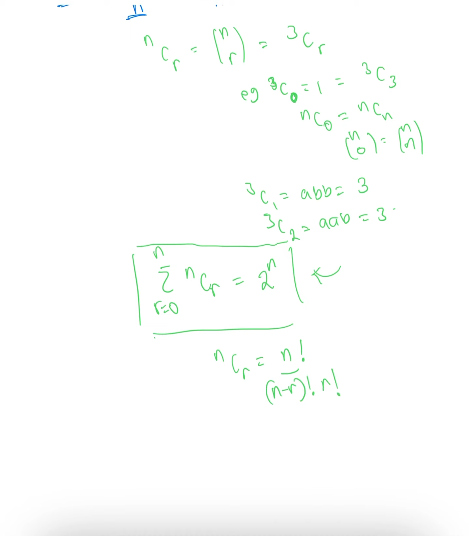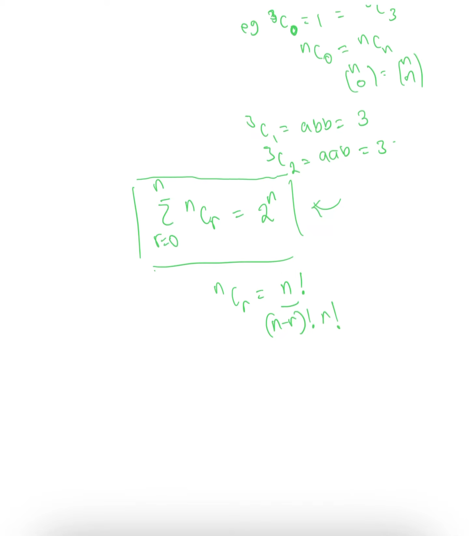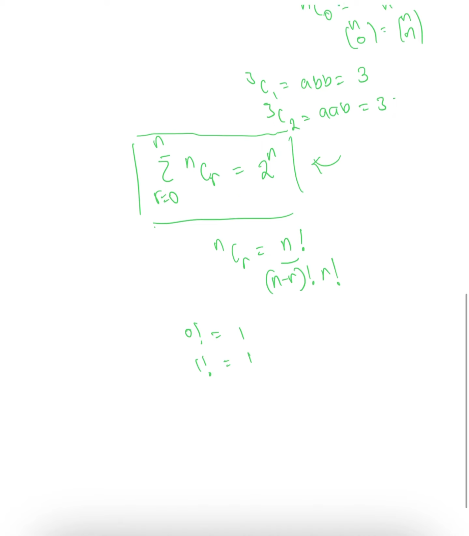What is a factorial? 0 factorial is defined as 1. 1 factorial is defined as 1, well, just 1 times 1 really. 2 factorial is 2 times 1. 3 factorial is 3 times 2 times 1. And then 4 factorial is 4 times 3 times 2 times 1. And that is how it is written. So you can use this to expand and find other formulas.